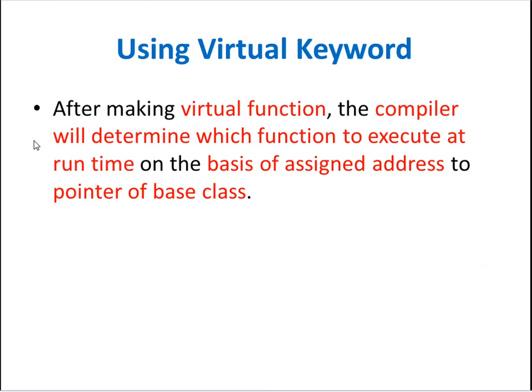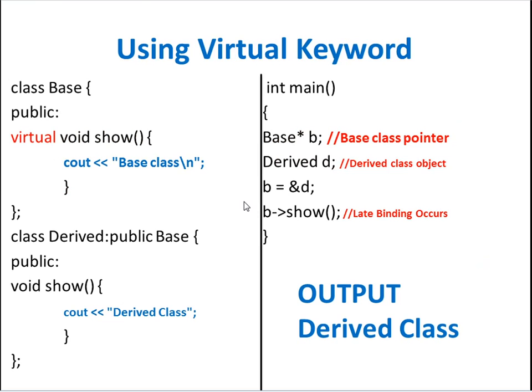After making it a virtual function, the compiler will determine which function to execute at runtime on the basis of the address assigned to the base class pointer. Now we have added the virtual keyword.